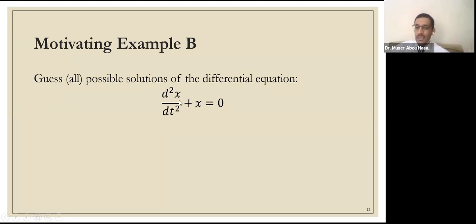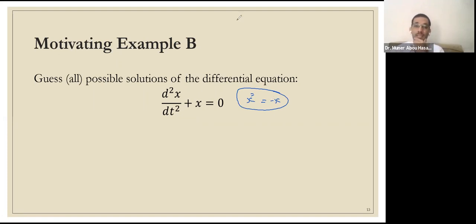That means the second derivative of my function is equal to negative of my function. Can I say it like this? So this equation can be written x double prime equals negative x.